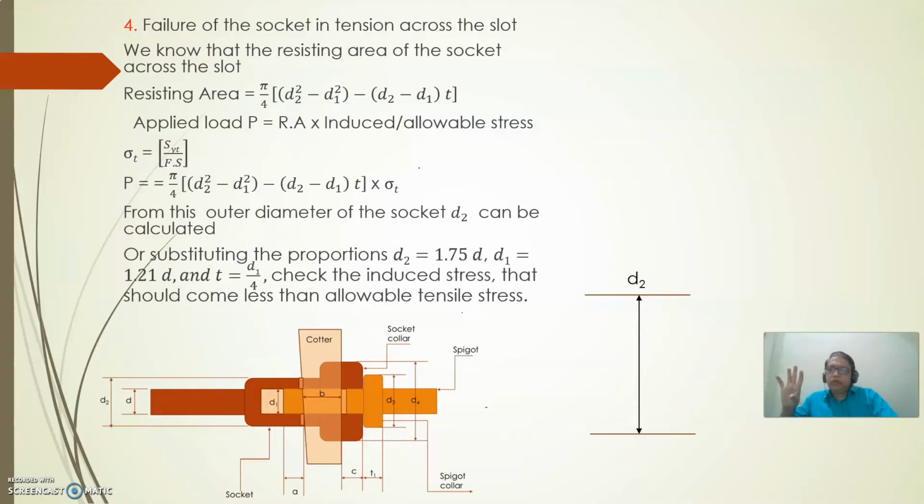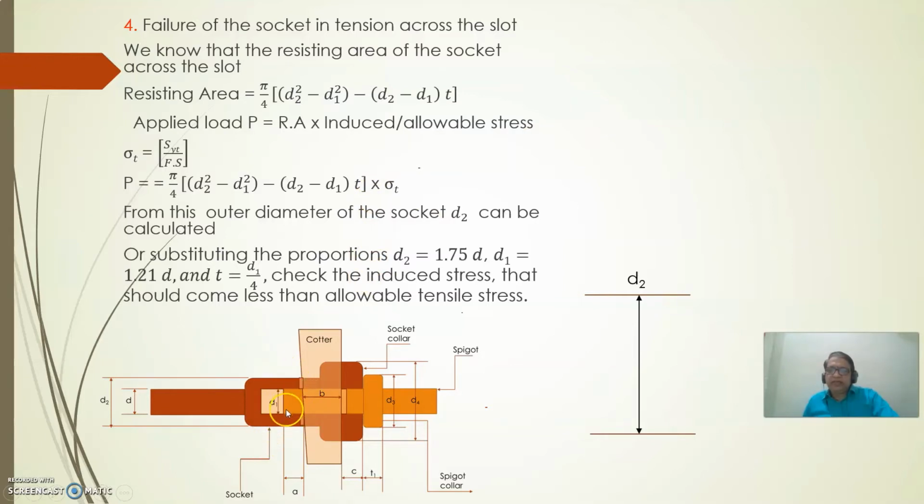And if I consider this point, at this socket section, it is pi by 4 d2 square minus d1 square, where d1 is the inside diameter. This is the section at this point.